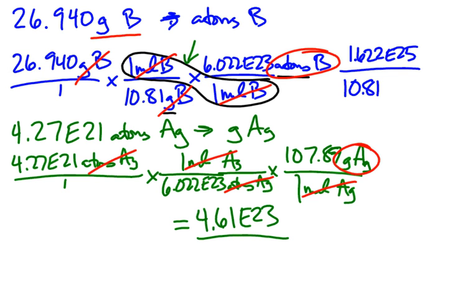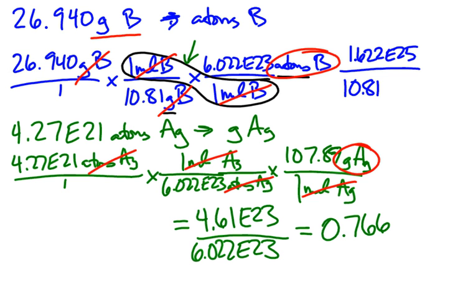And I'm going to divide that by Avogadro's number, 6.022 times 10 to the 23rd. Obviously, I'm going to have a number less than 1 right here. I end up with, with 3 sig figs, 0.766 grams, or excuse me, my bad, not grams, yeah, grams of silver.